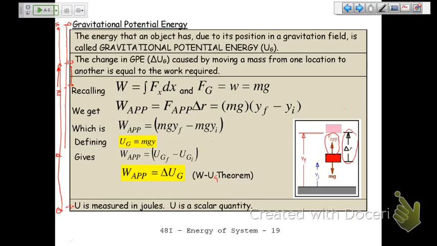Chemists use the same idea. How many people have done chemistry? How many people got to do chemistry? Yeah, so you'll see it when they do chemistry and they want to talk about the energy levels of electron allowed states in an atom. They can't measure from the middle, so they measure from the outside. And it's like minus 13.6 eV for a hydrogen atom and all that kind of stuff.